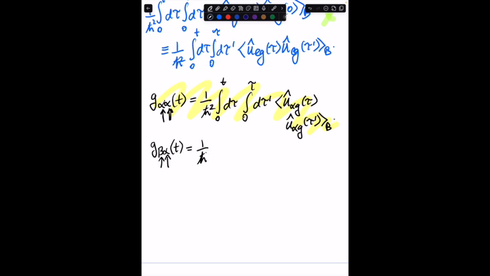So I will write it this way: 0 to t dτ, 0 to τ dτ', Û_βg(τ) Û_αg(τ'), but ensemble average.